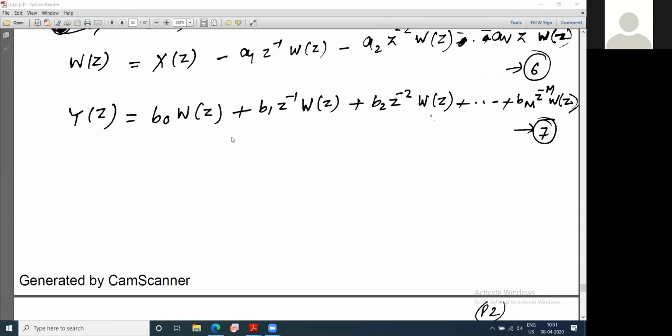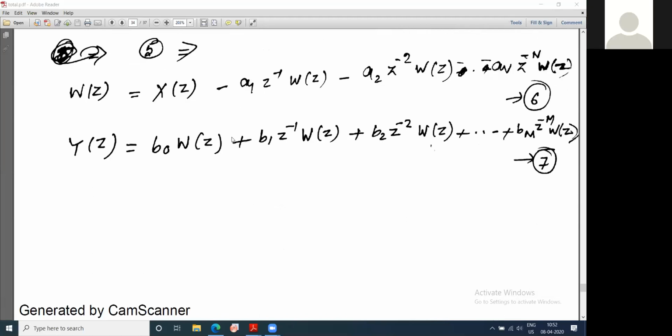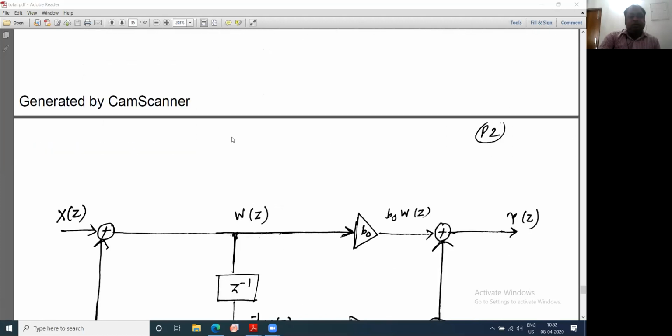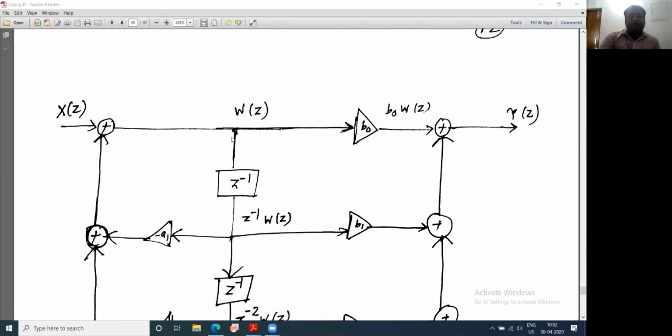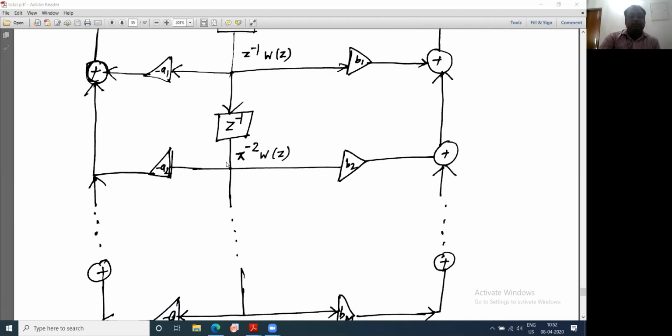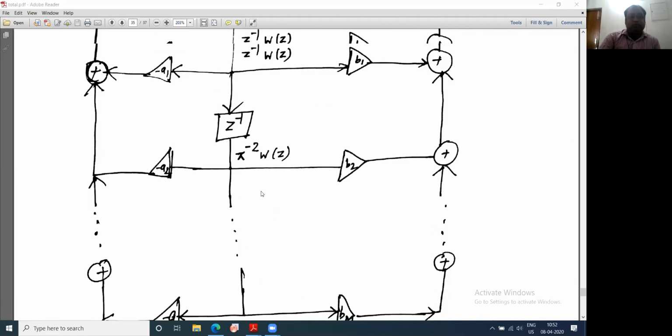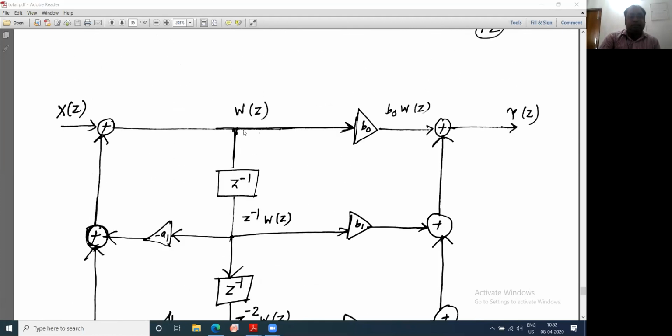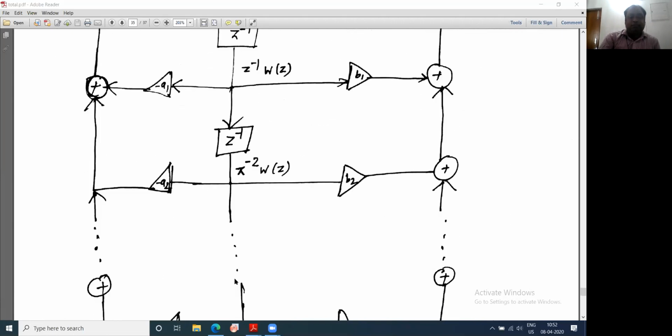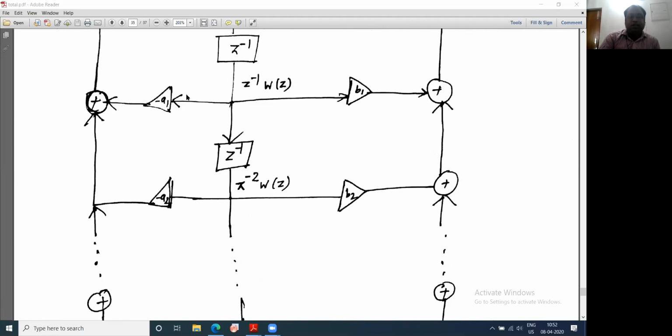Now, what is the advantage we have got? The advantage, if you look, is that the number of delay elements is reduced. Definitely the number of delay elements is reduced, because W(z) is another variable, so we are using all this delay along this line. So the same delay is used for the input and output part.